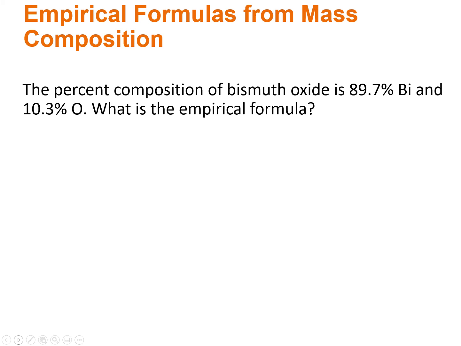Okay. So this one is similar to the other one that we just did. We're going to make our assumption that we have 100 grams of our substance. So that means we've got 89.7 grams of bismuth and 10.3 grams of oxygen.